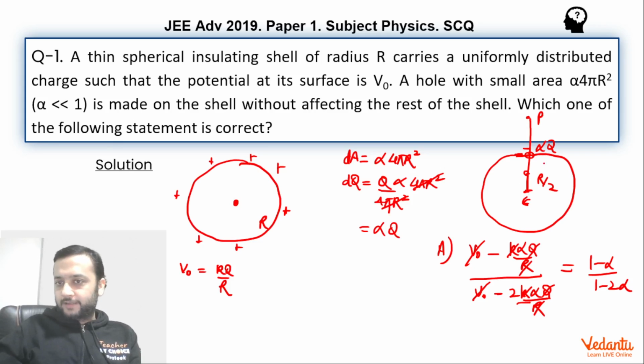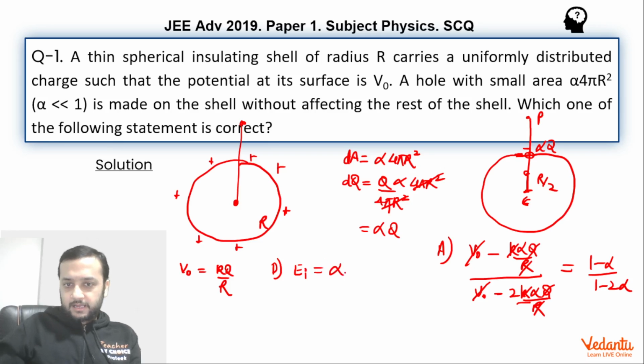So if you find the electric field initially in this situation, let me write the option D over here. Electric field initially was KQ by 2R whole square, that means 4R square, correct?